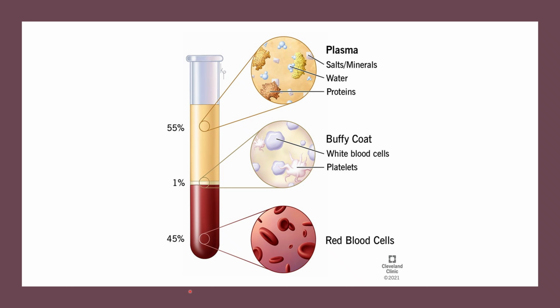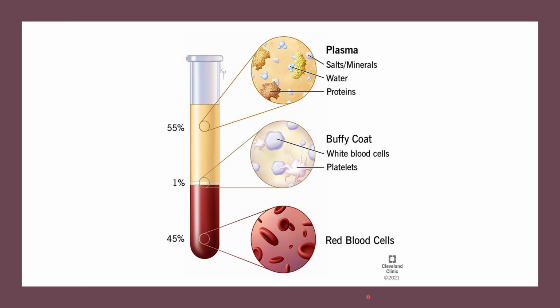Here we have a better look to see what I just said earlier. Again, blood composition. Blood is a vital connective tissue that supports oxygen transport, immune response, clotting, and nutrient delivery.